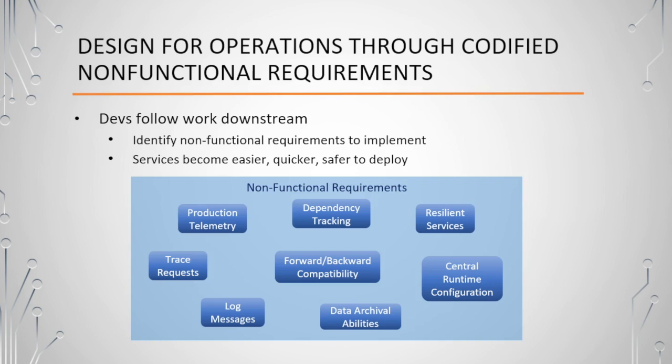Examples of non-functional requirements are sufficient production telemetry in our applications and environments, the ability to accurately track dependencies, services that are resilient and degrade gracefully, forward and backward compatibility between versions, the ability to archive data to manage the size of the production dataset, the ability to easily search and understand log messages across services, the ability to trace requests from users through multiple services, simple centralized runtime configuration using feature flags, and so forth. Services built with these non-functional requirements in mind will become easier, quicker, and safer to deploy.